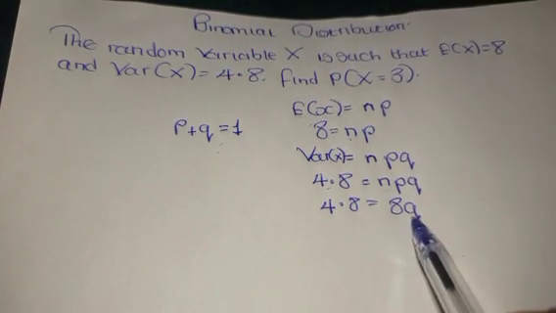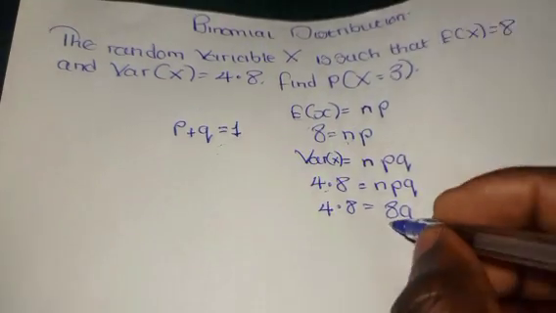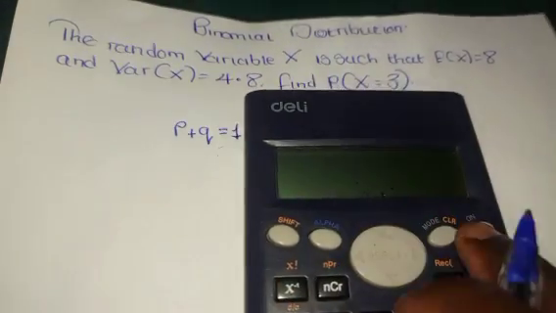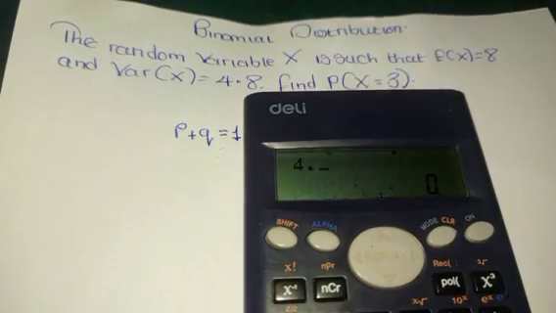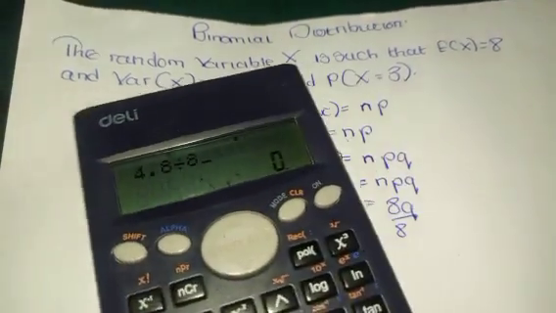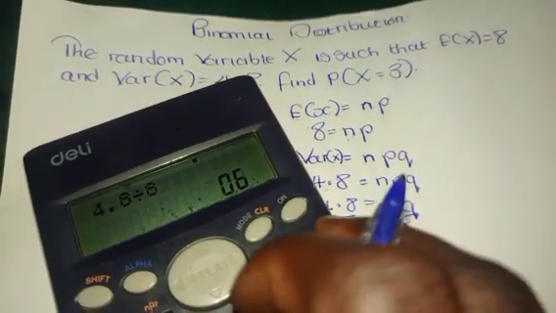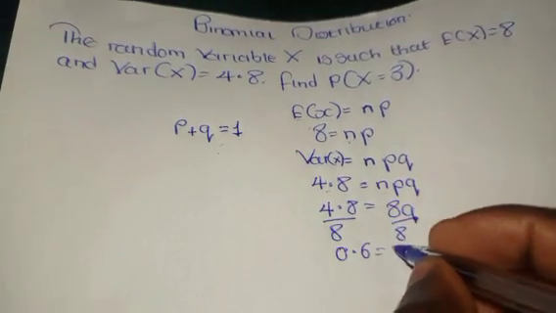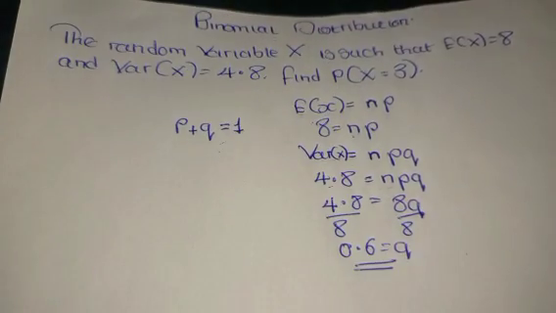So we will now find the value of q by dividing both sides by 8. So 4.8 divided by 8 gives a value of 0.6. So the value of q is 0.6.